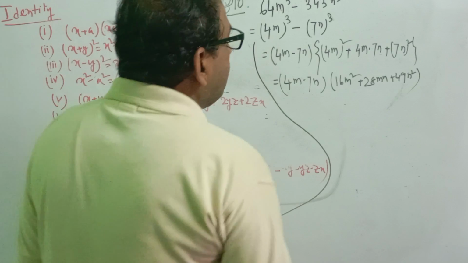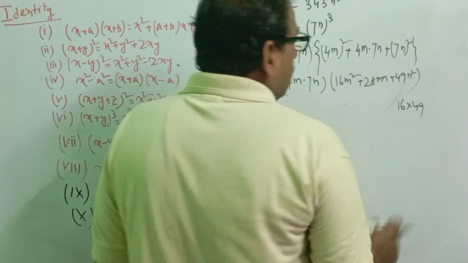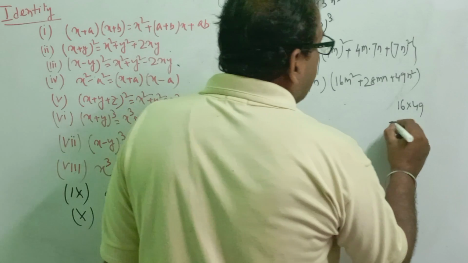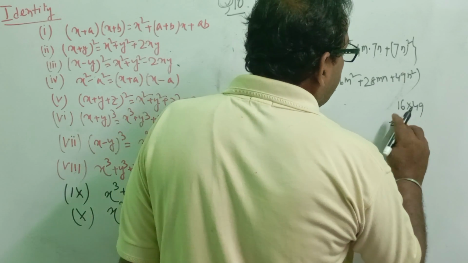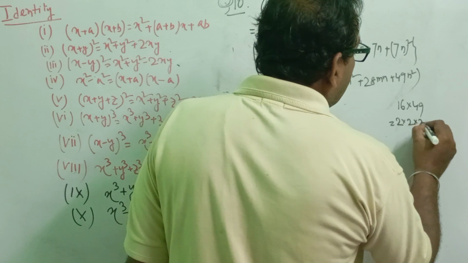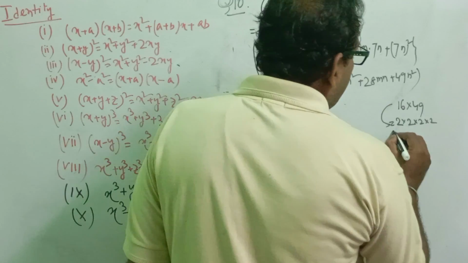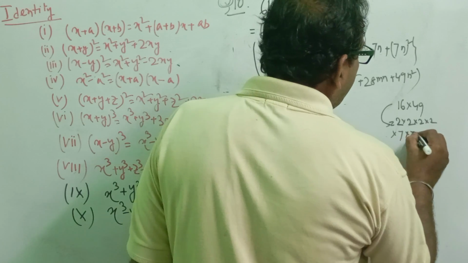Now if we consider a into c, that is 16 into 49, this is a very big term, so we write the factors: 2 into 2 into 2 into 2, and 7 into 7.